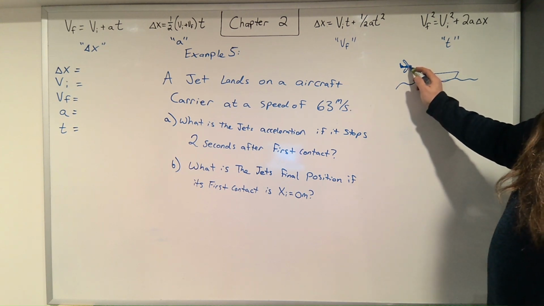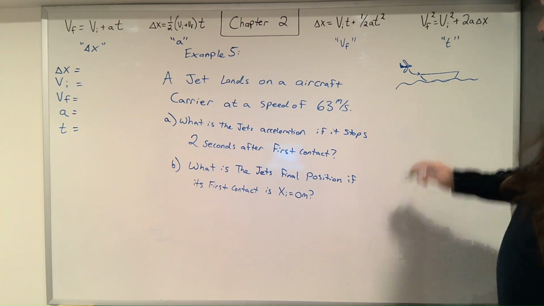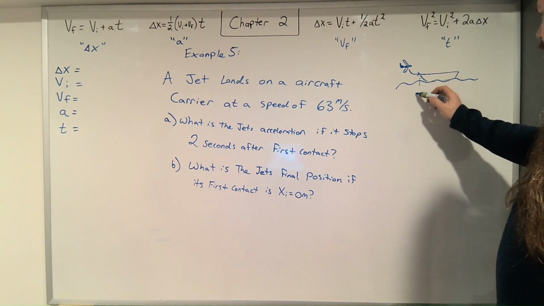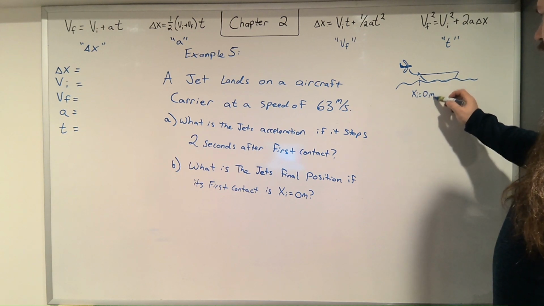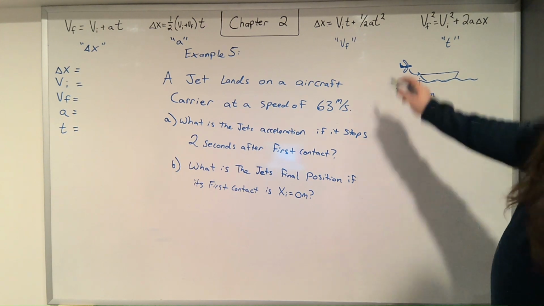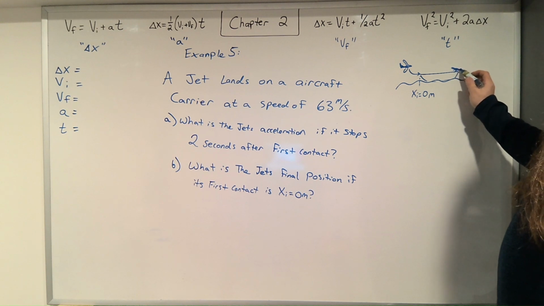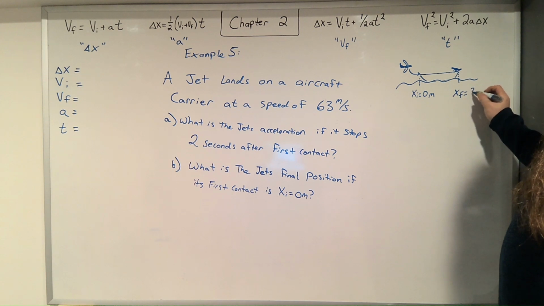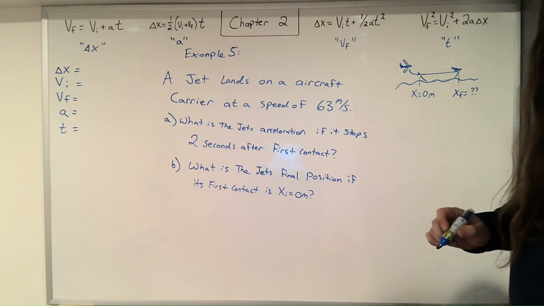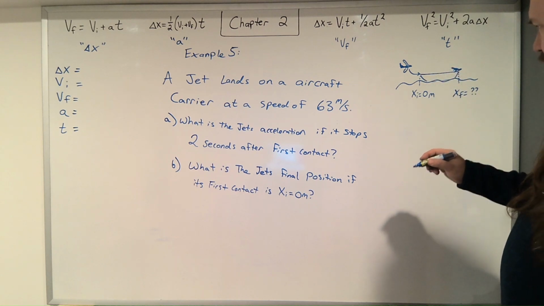All right, so when it comes down, and it makes first contact, this is what we're considering xi to be 0 meters. And then at some point it's going to stop. So at some point it will be over here at some XF, we don't know. But it has now stopped on the aircraft carrier.